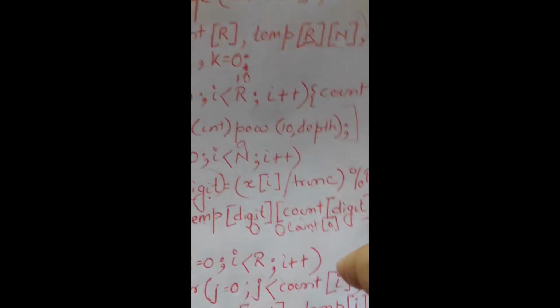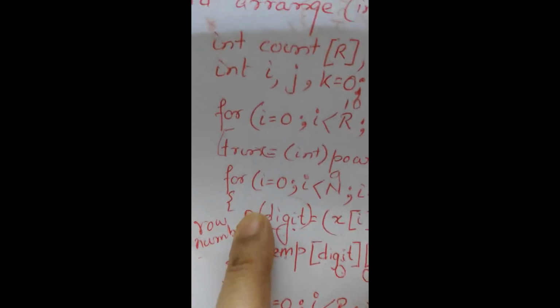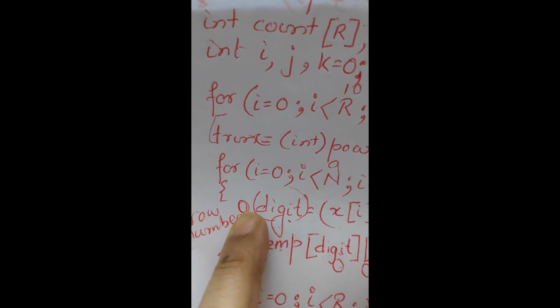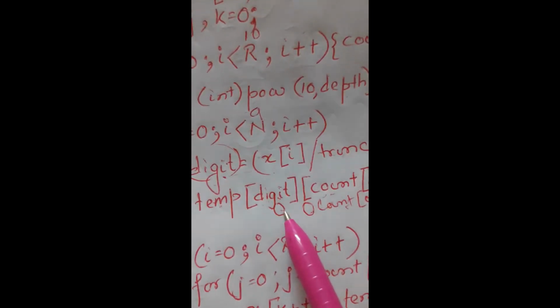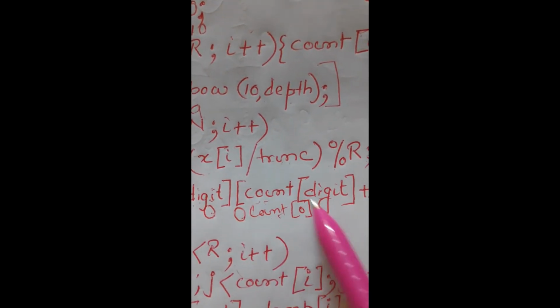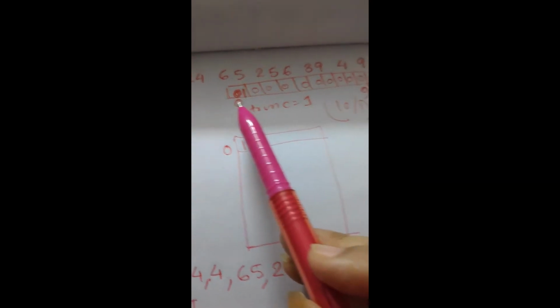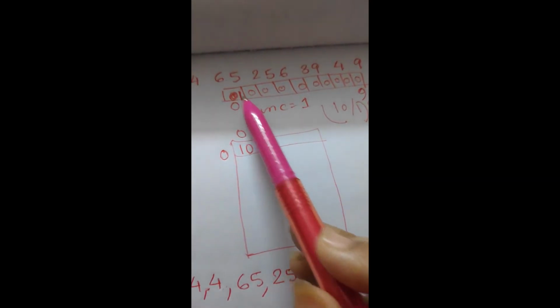So over here, previously the row number had come out to be 0. Now also the row number has come out to be 0. So in the 0th row number and in the column count 0, we are going to place xi. Now what is the value of count 0? Count 0 keeps the count of the number of columns in the 0th row. So what is the number of columns in the 0th row? Number of columns in the 0th row is already 1.